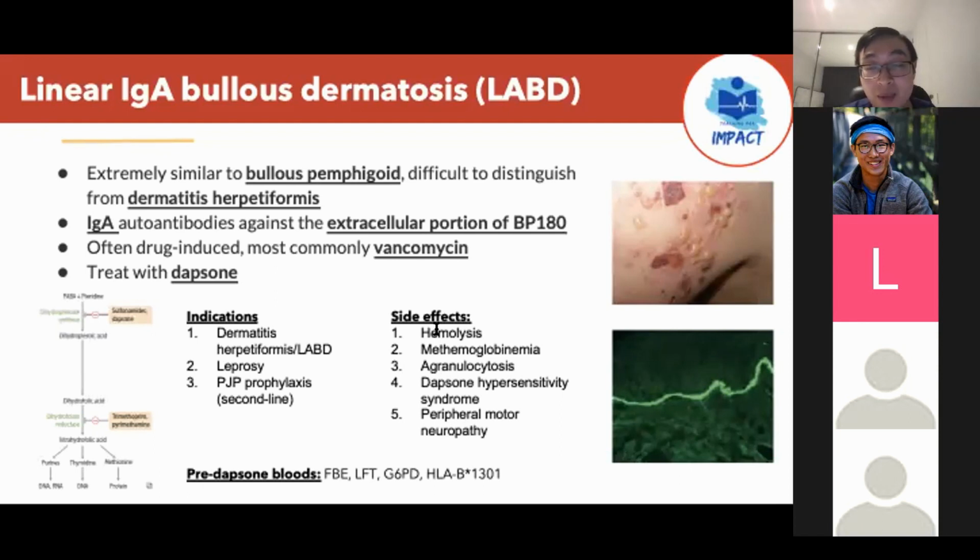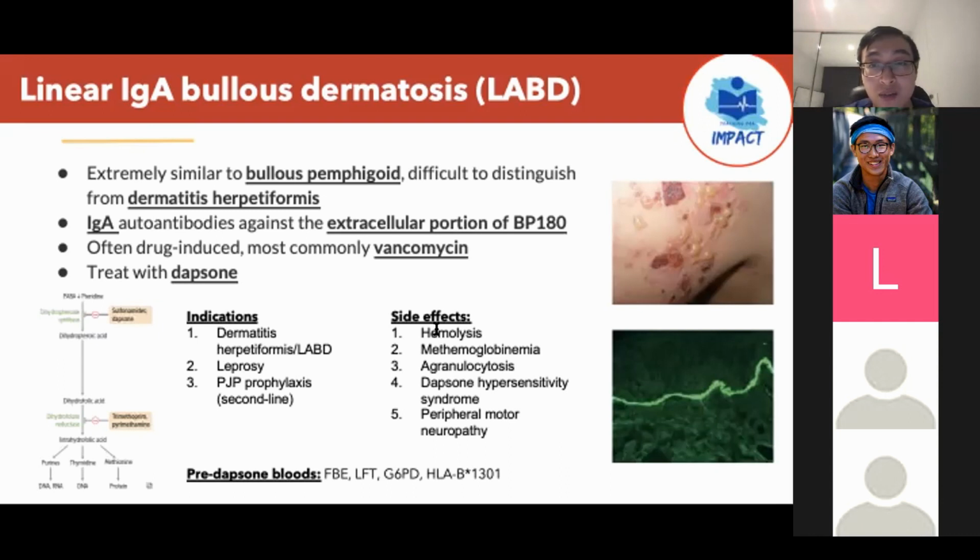Does anyone know what methemoglobinemia is? So basically, hemoglobin has 4 binding sites for Fe2+, and oxygen only binds to Fe2+. It doesn't bind to Fe3+, and methemoglobinemia just means that the Fe2+ gets converted to Fe3+. So that's methemoglobin, and it can't bind oxygen. So patients become cyanosed.